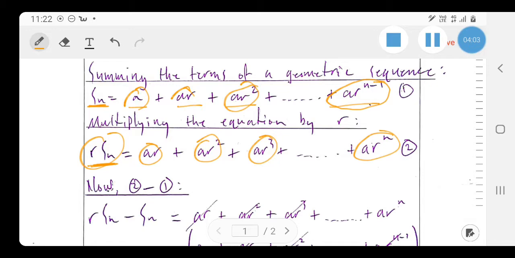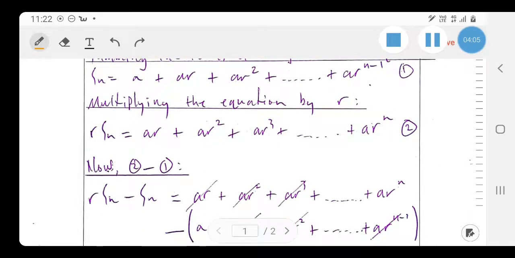So the final term is AR to the n. I have created two expressions: Sn, the sum of the first n terms of a geometric sequence, and a second equation where I have just multiplied the left and right-hand side by R, which I'm totally allowed to do. It doesn't break any of the rules of maths because I've done it to both sides of the equation.